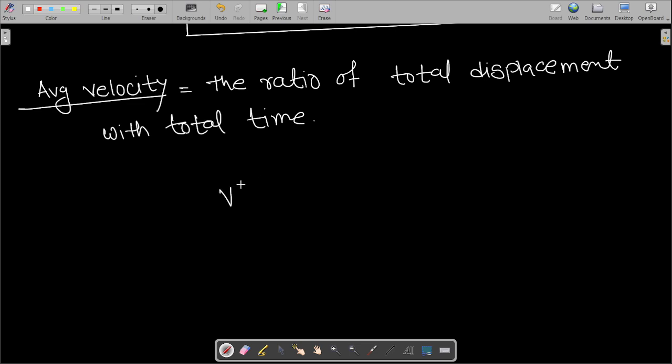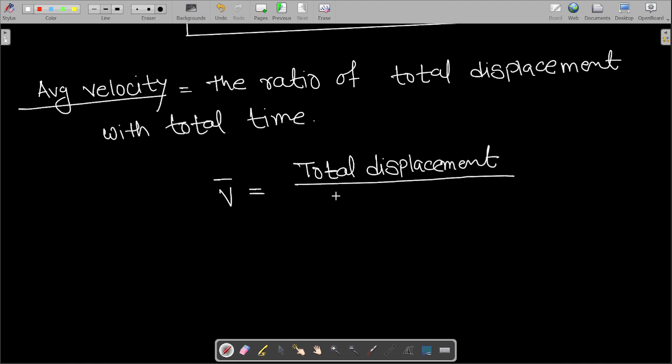So we denote the average velocity like this: v bar. Okay, v bar is the notation of average velocity. So how will we write it? It will be total displacement upon total time.